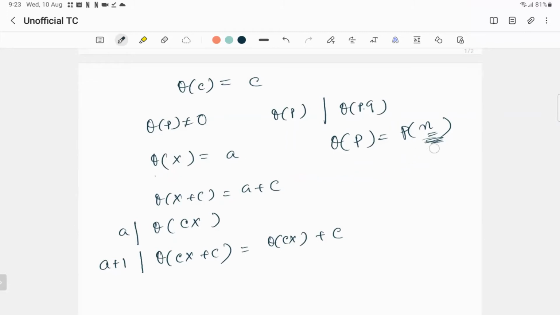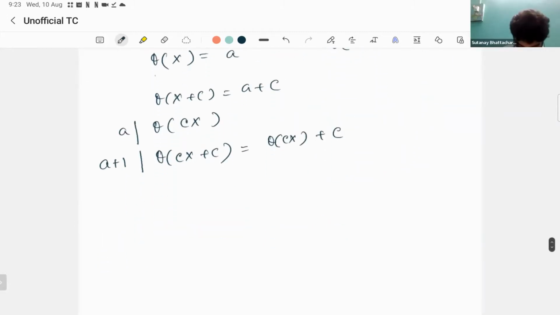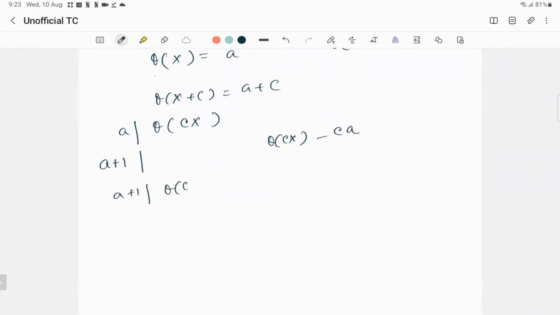We can just subtract c times the left-hand side from this. So c times a plus 1 from this. So this divides ca minus c. Repeat the same thing with a plus 2, a plus 3, and so on.